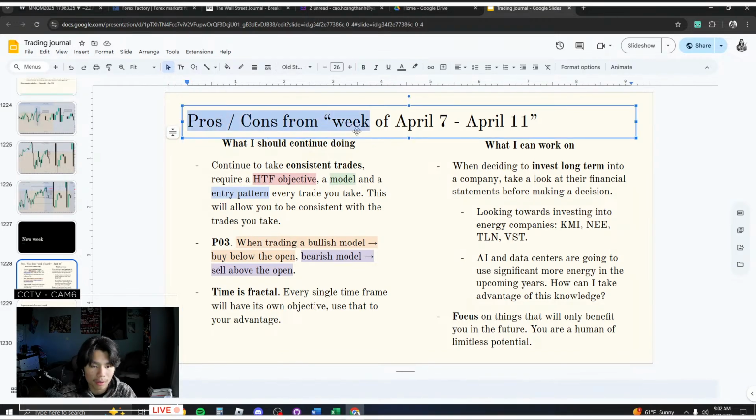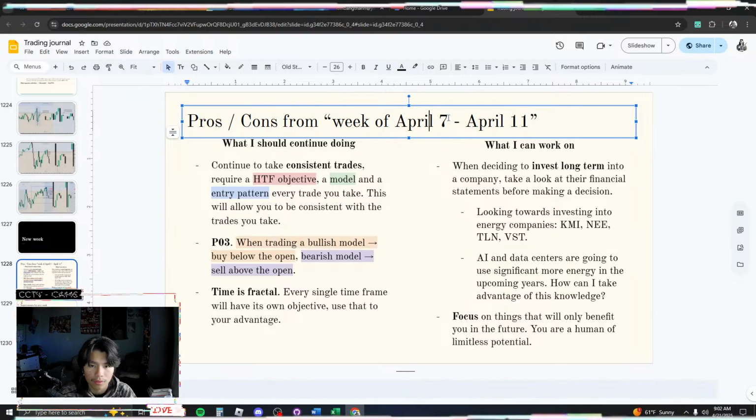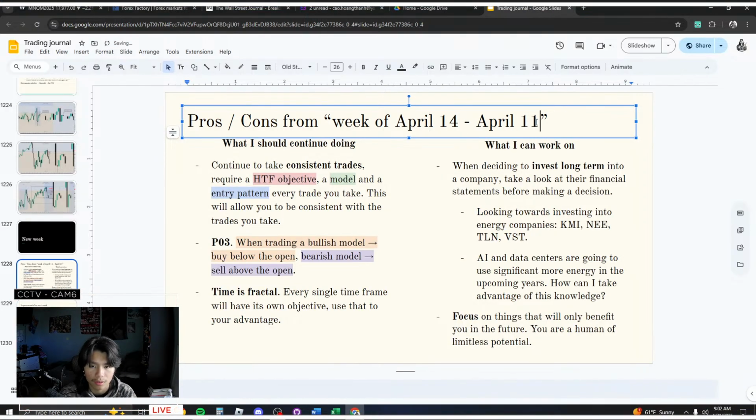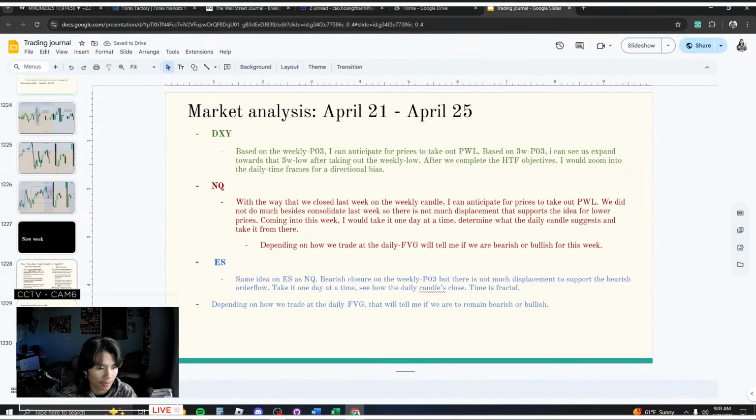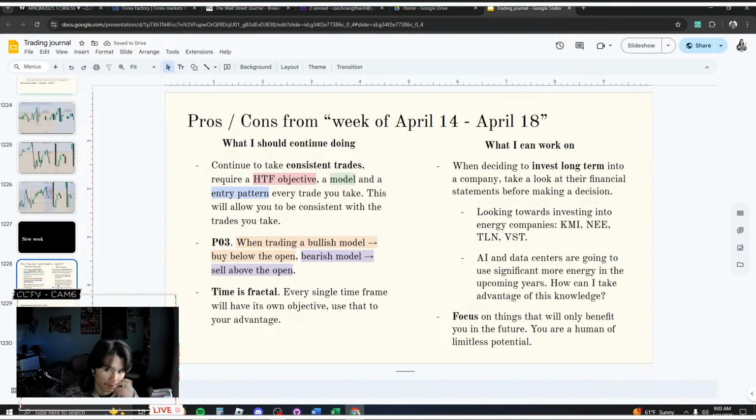Alright, so some of the pros and cons coming in. Wait, this is wrong. There we go. That seems about right. So some of the pros and cons here from previous week: I was able to continue to take consistent trades.